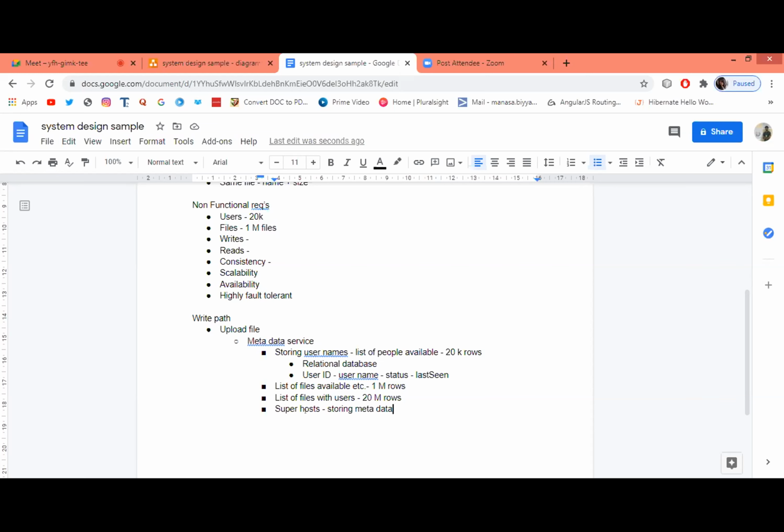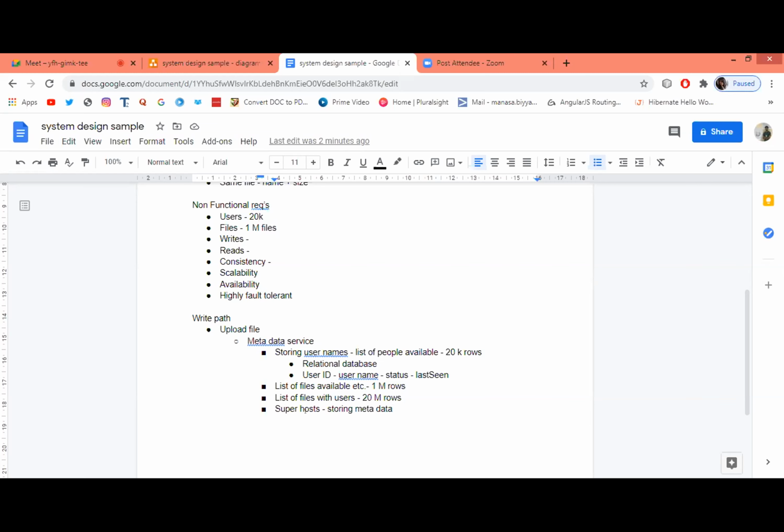But I'm just thinking, since there is a very high possibility of machines going down, if I want to go with partitioning to reduce the load on superhosts, I should again replicate the data, right? If something goes down, then I should still be able to serve the user requests.